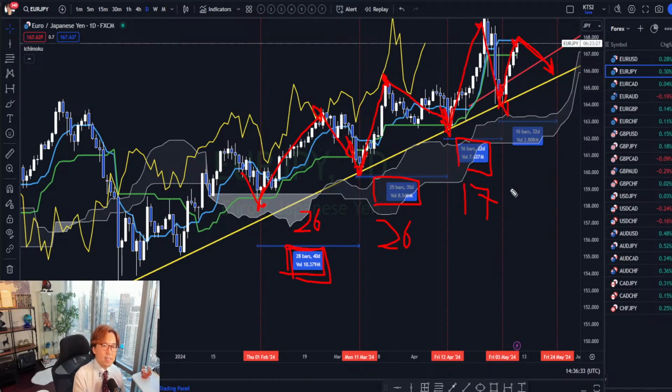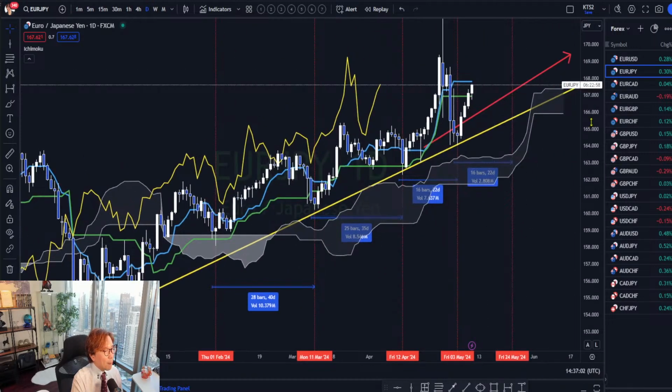That means the market momentum is becoming bigger, and the market is going to change. Most likely the market changes direction. It may become range. So that's how you can read the market situation by time cycles also.